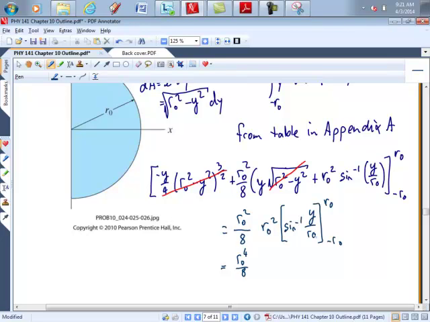So we're going to have pi over 2 minus, we have to use the negative pi over 2, minus negative pi over 2.